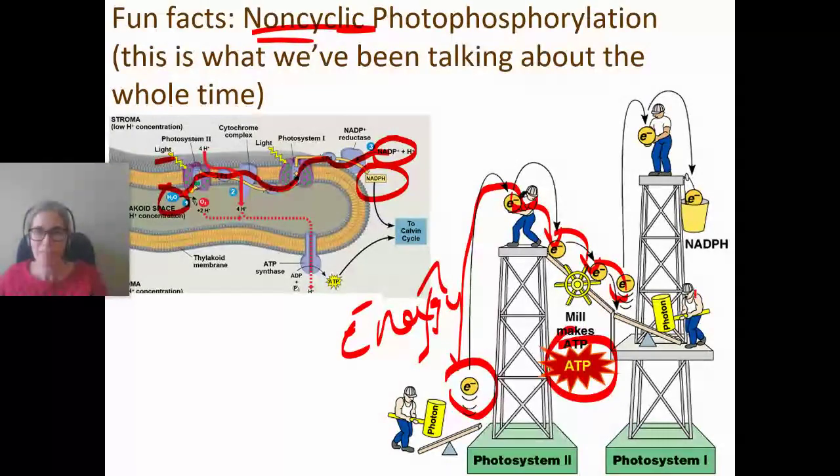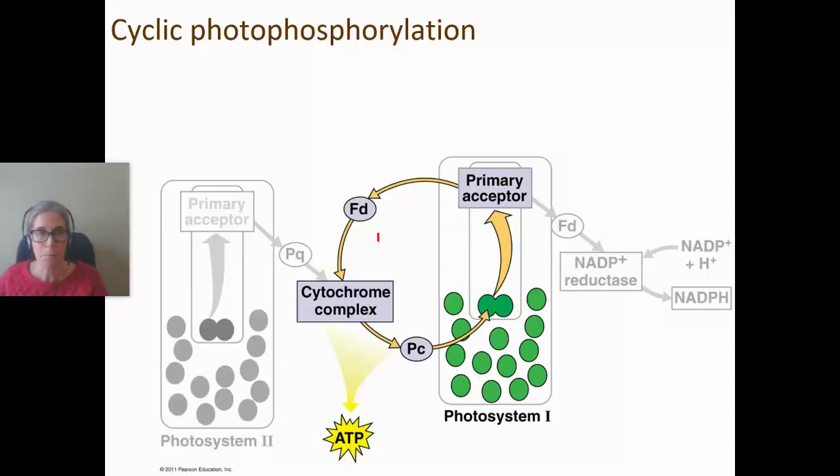Boom. And then in photosystem 1, the electron that we had all the way from water, right? That electron is boosted by another photon, and that goes through an electron transport chain to make NADPH. So that's non-cyclic. It just goes in one linear direction. You keep needing a fresh supply of electrons that you keep getting from water.